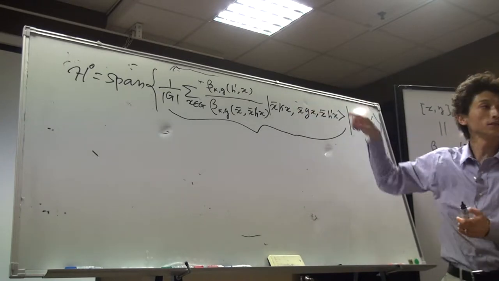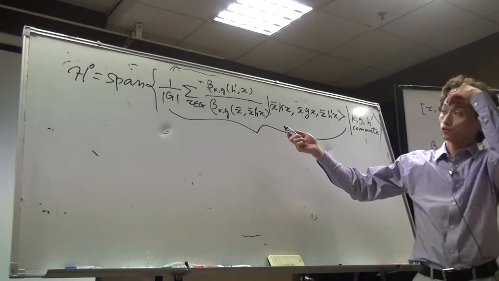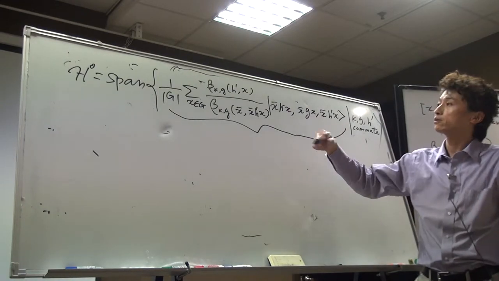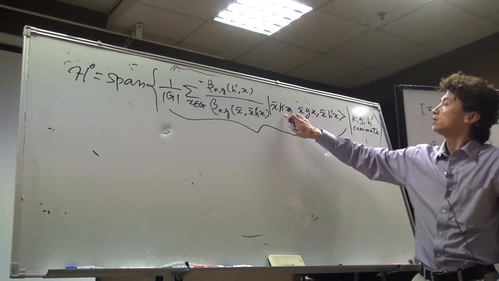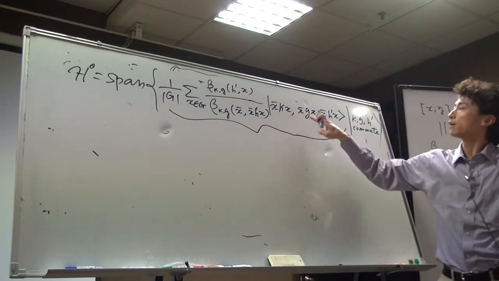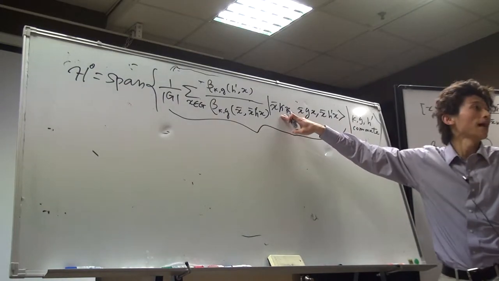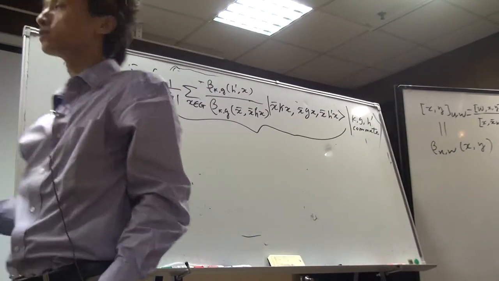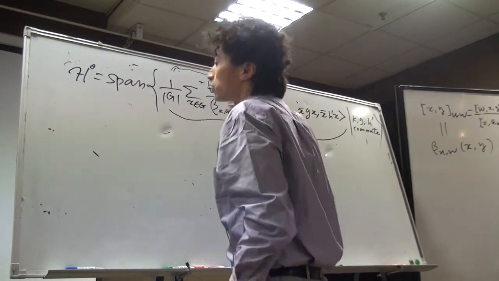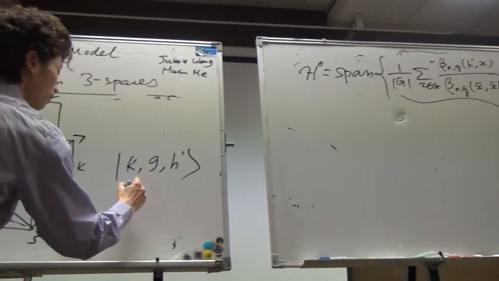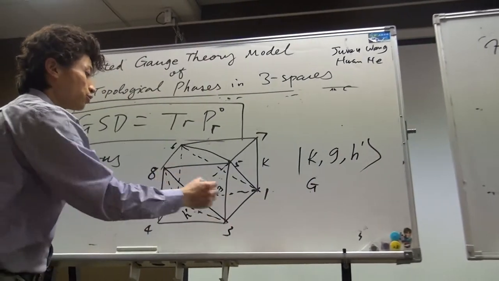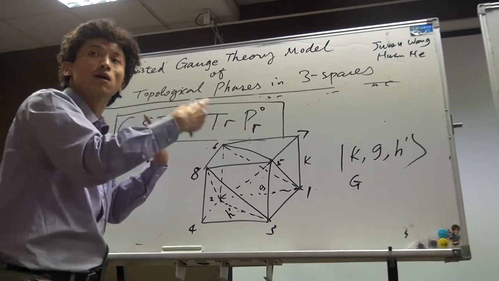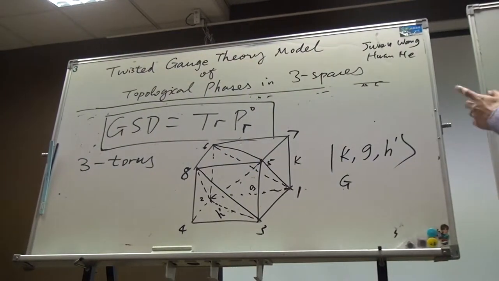Not the thing here, and this may lead you to a faulty conclusion about the ground state degeneracy, because now you see the original group elements actually don't really matter. What matters are the conjugacy classes of these group elements that label the original Hilbert space. Right? So now you assign the group elements to each of the 3 non-trivial cycles of the 3 torus.